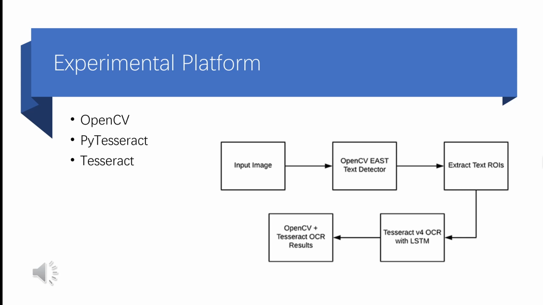OpenCV was built to provide a common infrastructure for computer vision applications and to accelerate the use of machine perception in commercial products. As a BSD licensed product, OpenCV makes it easy for enterprises to exploit and modify code.